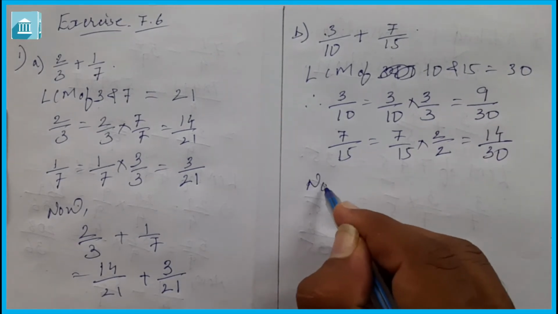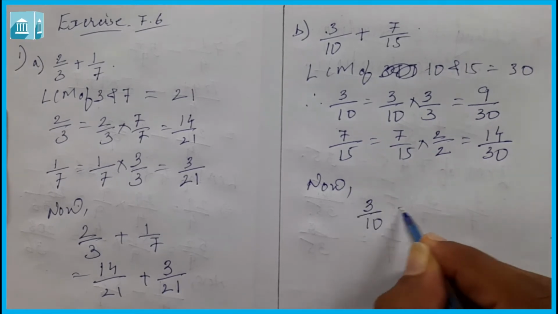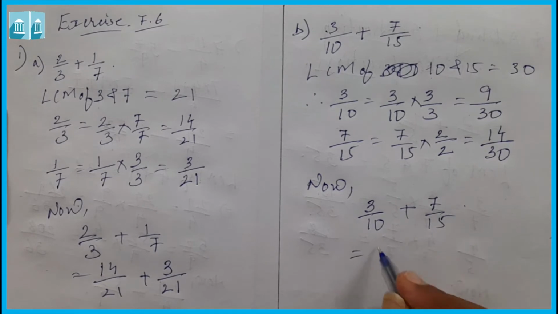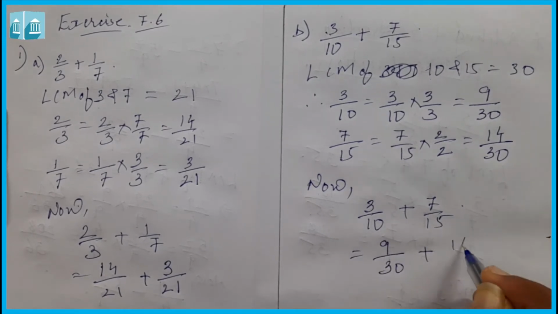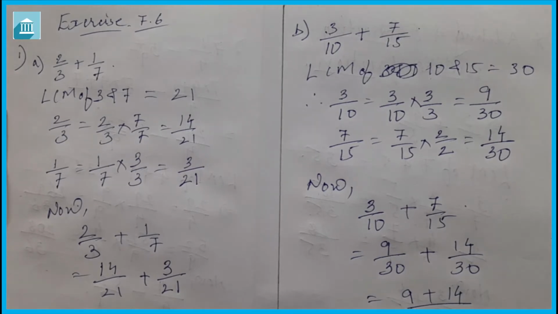So now we can say that 3 by 10 plus 7 by 15 is equal to 9 by 30 plus 14 by 30, which is 9 plus 14 upon 30, which is equal to 23 upon 30.